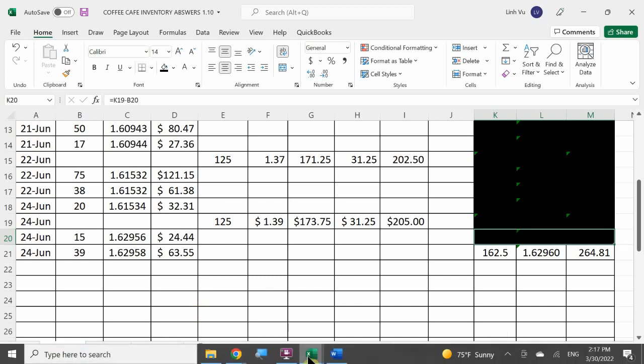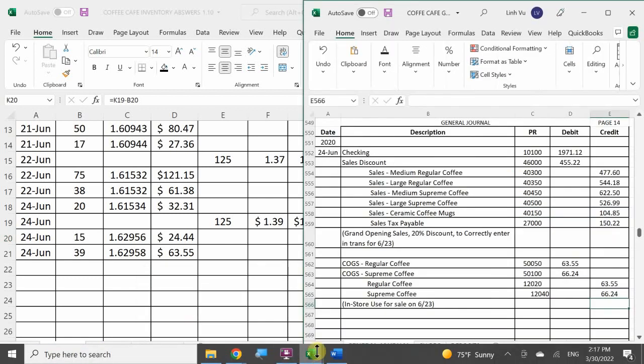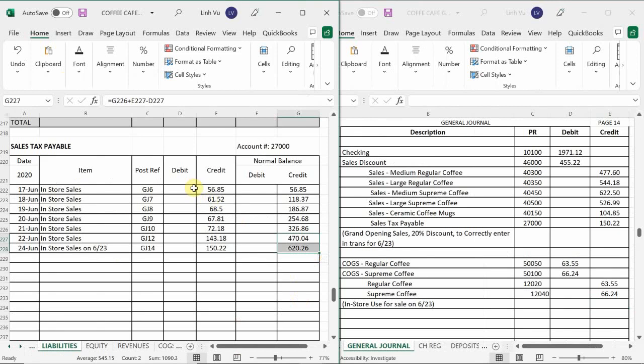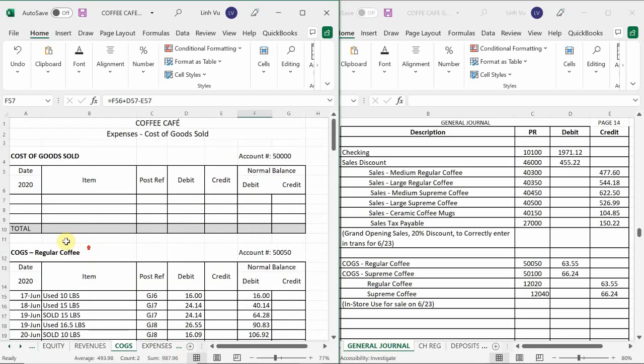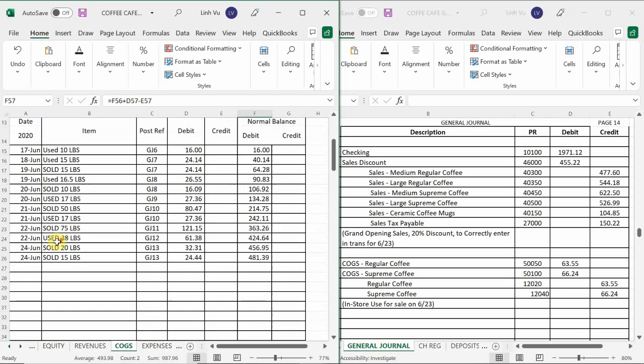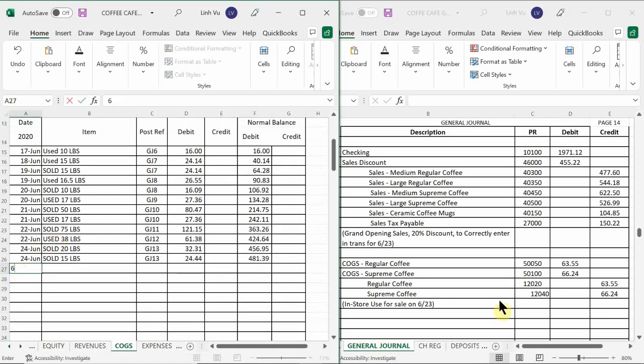All right, so let's go ahead and go into our ledger accounts to update our inventory. Okay, starting with the cost of goods sold. All right. We end up using 39 pounds on June 23rd.